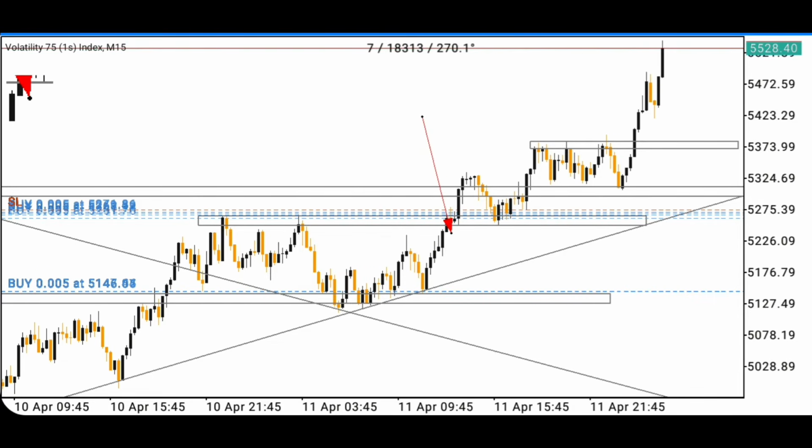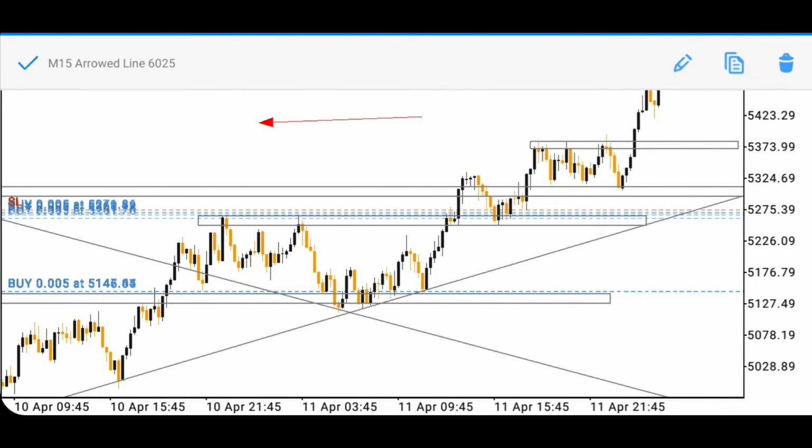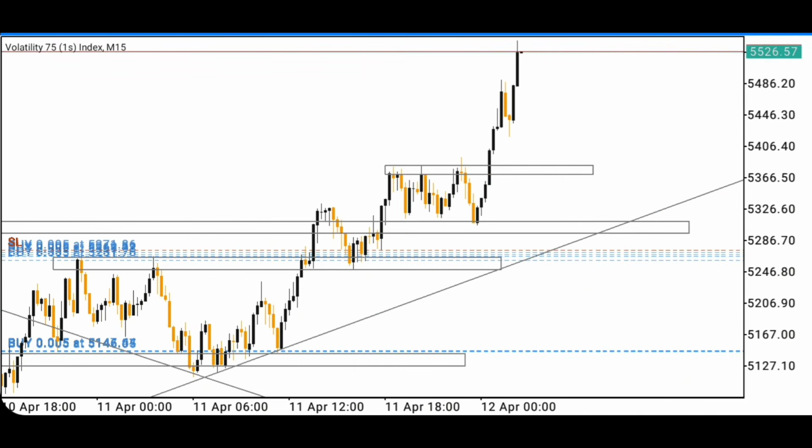So after I saw that the market had broken out of this resistance zone and come to retest, and at the point of retest there was this demand zone, I decided to take my scaling trades. I added more trades and my stop loss was just right below there. After that, the market went further up.